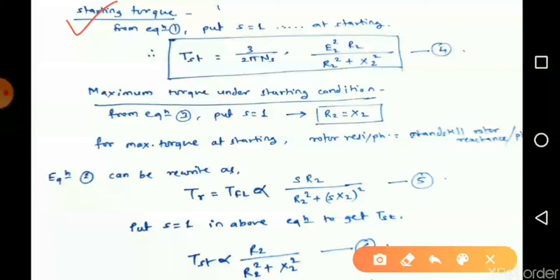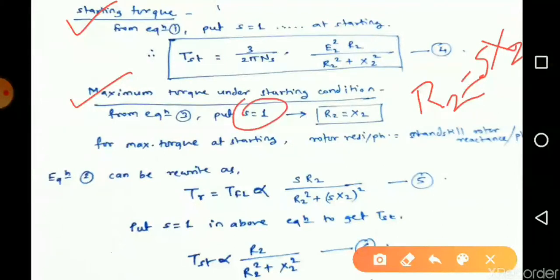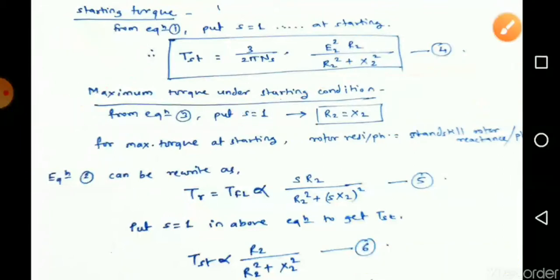Based on a similar condition as for the running torque, we can derive the maximum torque under starting condition. We derived one formula for the condition of maximum torque, that is R2 is equal to S times X2. Here also, if we put S equal to 1, we get R2 is equal to X2, because again at the time of starting, slip is 1.